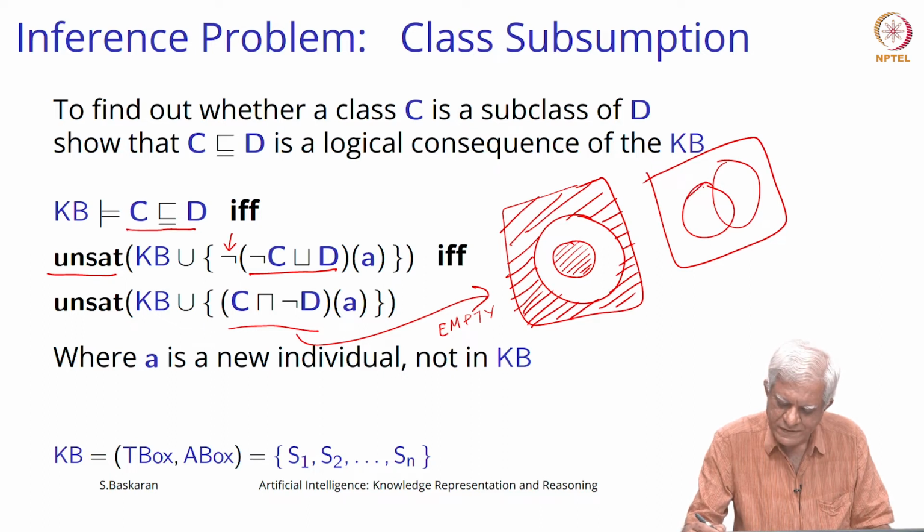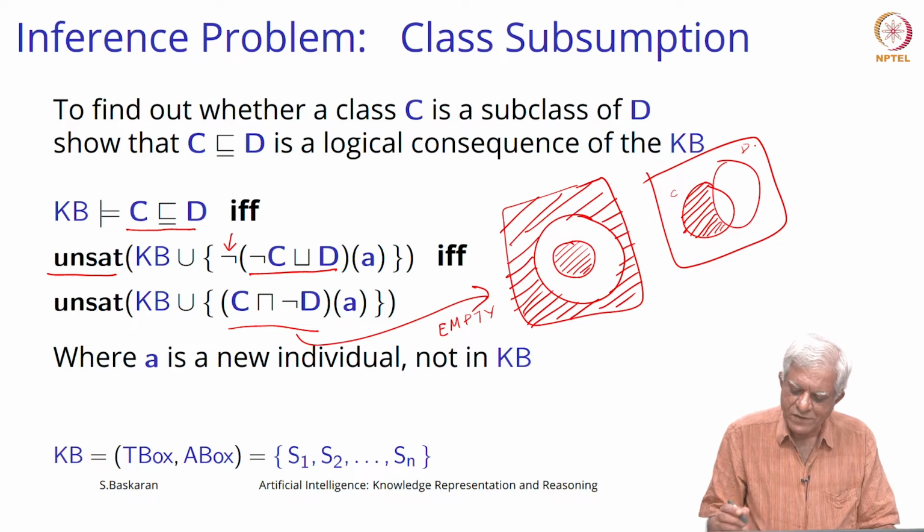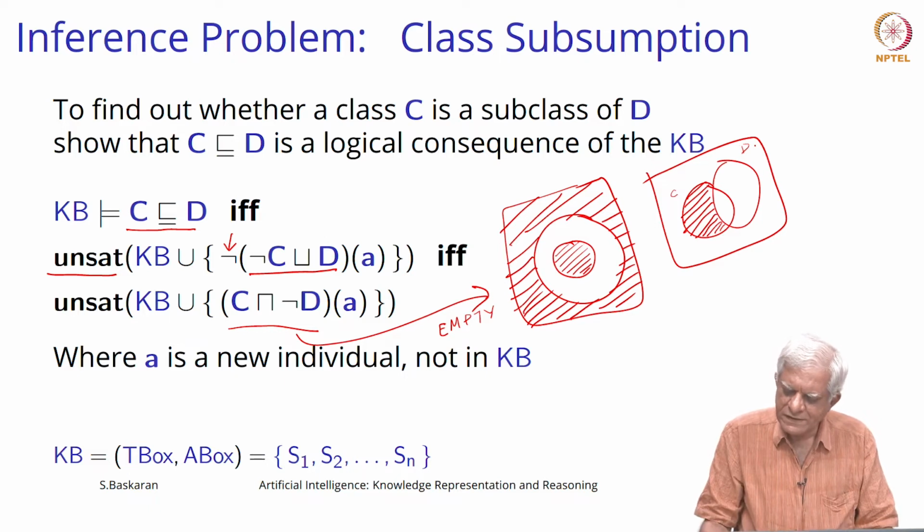Now, you can see that this region, so this was C and this was D, then C intersection not D. Not D is everything which is outside D, and if you intersect it with C, you get whatever is common with C, and you can see that this is not empty.